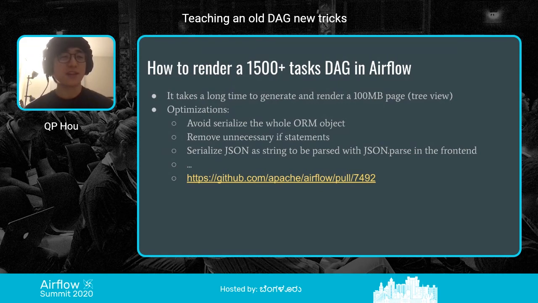And then another thing is, when we generate the HTML page, we write out the JSON object as a JavaScript string. This actually improves the web rendering performance a lot. The reason this works is because if you write it out as a JSON object, the browser will parse that JSON object using the JavaScript parser.